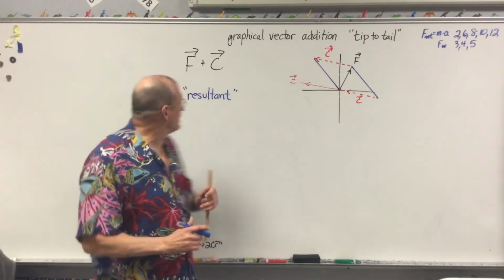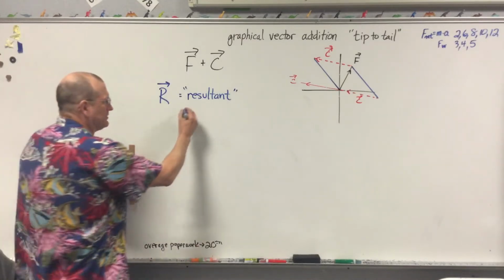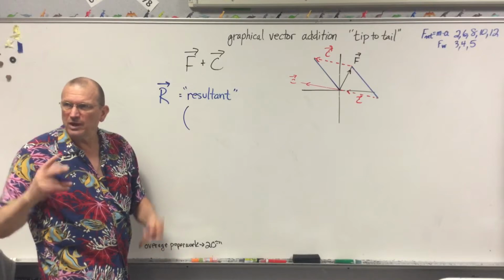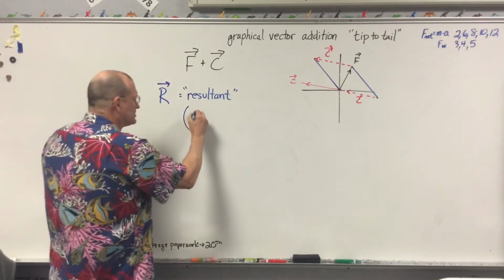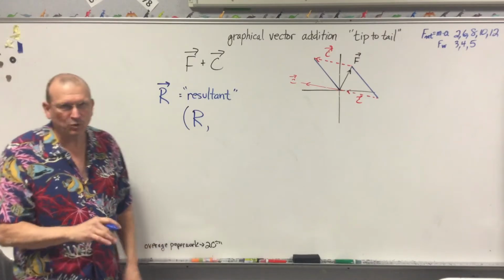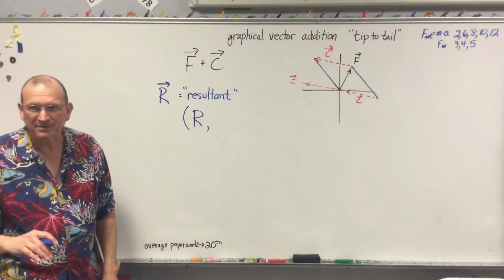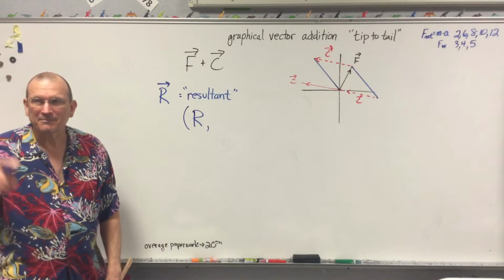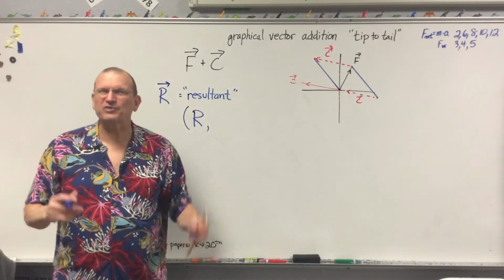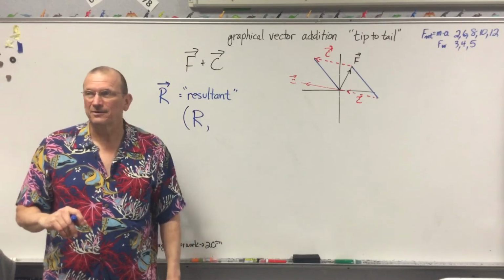Now, as far as the answer vector goes, remember vectors are expressed in terms of an ordered pair. The first thing is just the letter without the arrow. Who remembers what that represents? Give me the vector word that the length represents.